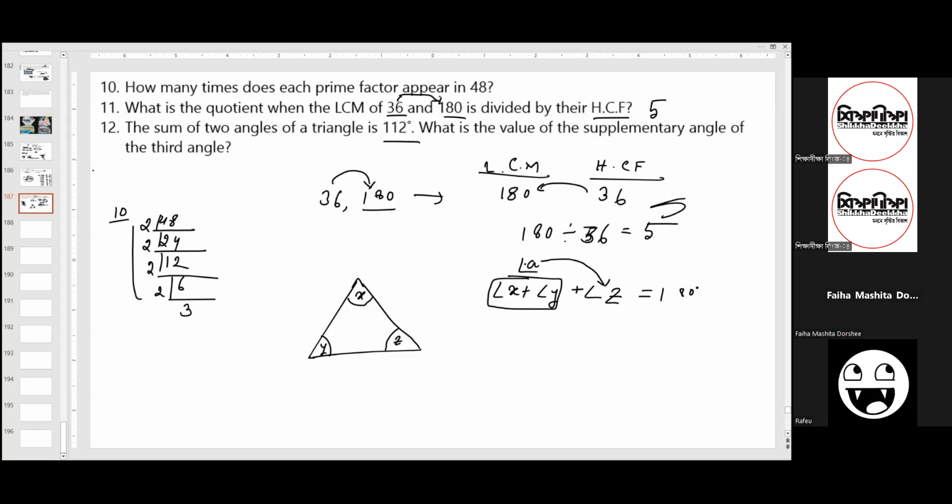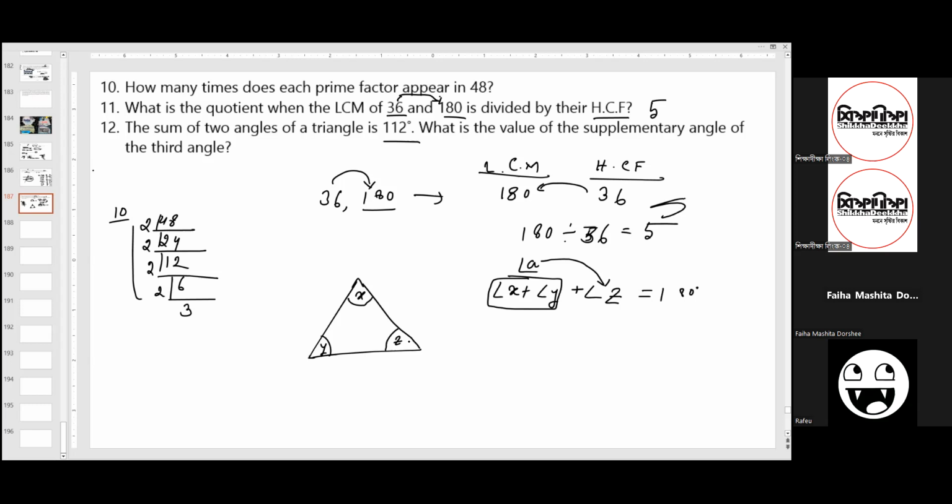In that case, A is the supplementary of angle Z, or Z is the supplementary of A. So for any triangle, we can say the sum of two angles is supplementary to the third angle.